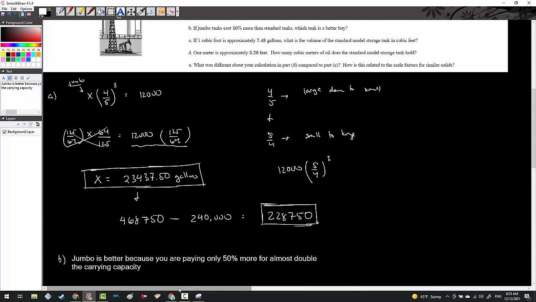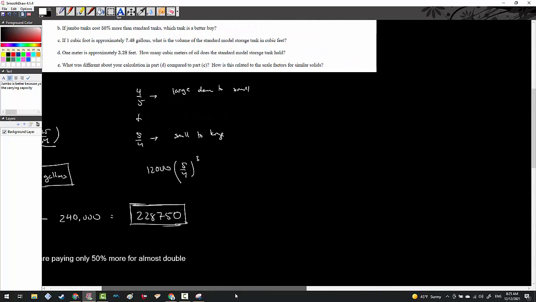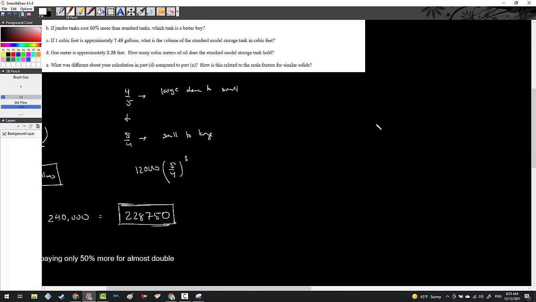Let's see here. I guess I'll move to the right a little bit for part C here. Part C is asking us if 1 cubic foot is approximately 7.48 gallons, what is the volume of the standard storage tank in cubic feet? So in part C, I'm going to start off with my 12,000, and I'm going to write in the units here. I'm doing a measurement conversion, so I'm trying to eliminate gallons and keep things in cubic feet, which means I'm going to put gallons on bottom because I want the gallons to cancel each other out.